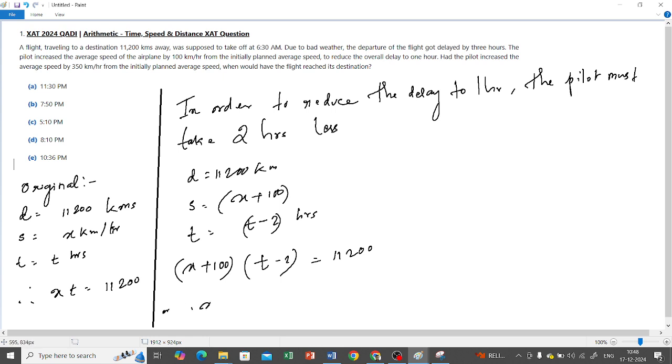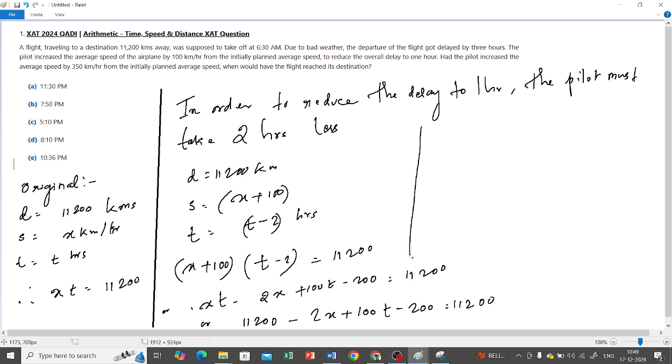Now we'll open the bracket: xt minus 2x plus 100t minus 200 is equal to 11200, okay. Now what is xt? 11200 minus 2x, so these two will get cancelled out.